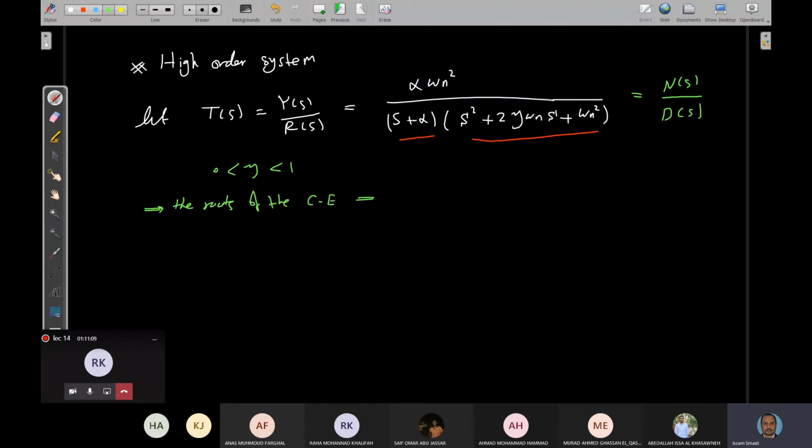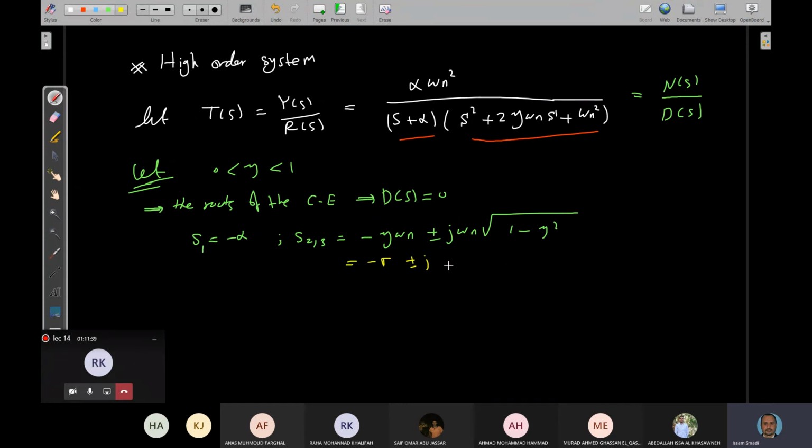Yeah, thank you, Raha. So the first one, s equal to minus alpha, and the second two? Minus sigma plus minus j omega d. That's why I'm using this assumption in order to evaluate the roots. So I need minus zeta omega n plus minus j omega n times the square root of 1 minus zeta square, or as Raha told me, it can be written as minus sigma plus minus j omega d.